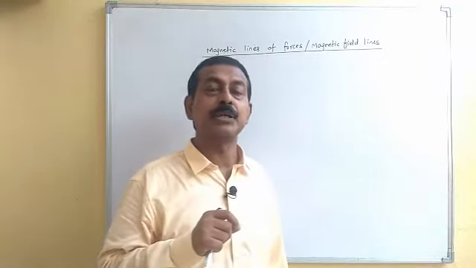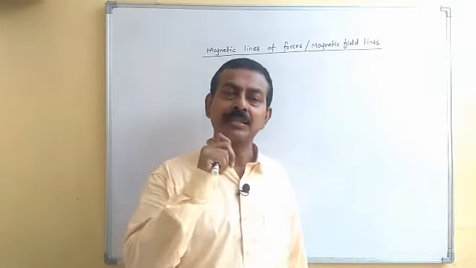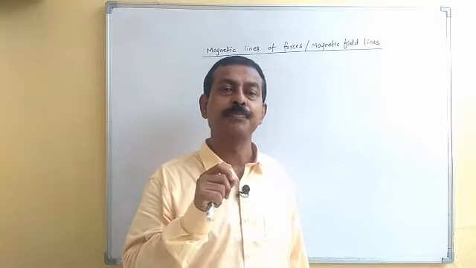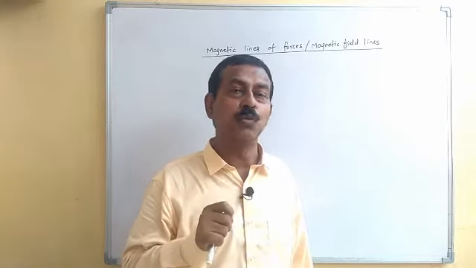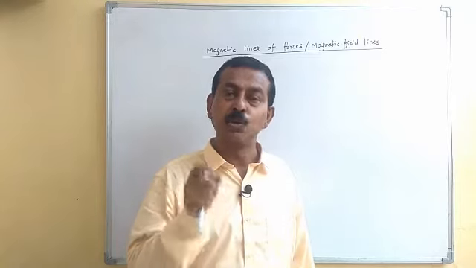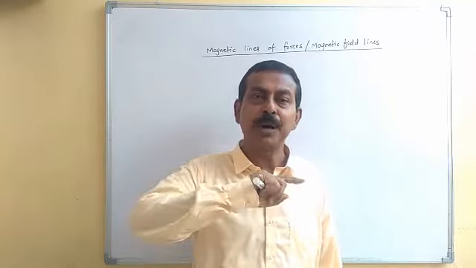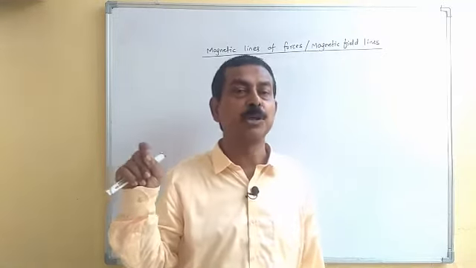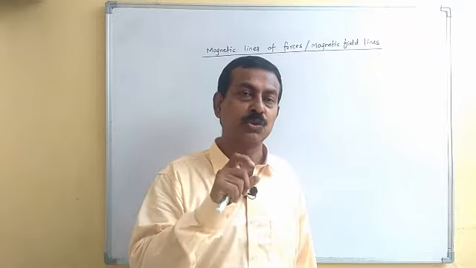Or it can be defined also as the path followed by a unit north pole if it is free to move. So you have a unit north pole, you allow it to move freely. Whatever path that unit north pole follows, that will be the magnetic line of force there.